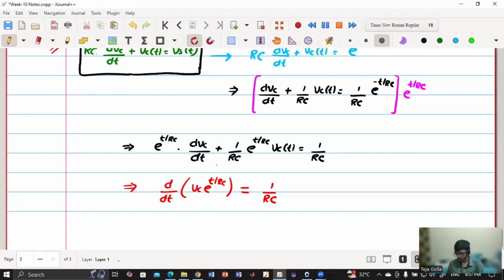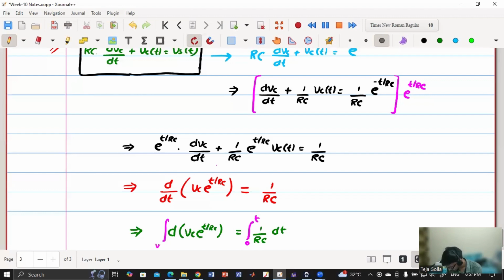Yes, sir. So now I can rewrite it something like this. I'll write d of vc e to the power t by rc is equal to 1 by rc into dt. So now let us integrate it from time 0 to t, and this will be vc of 0 to vc of t.